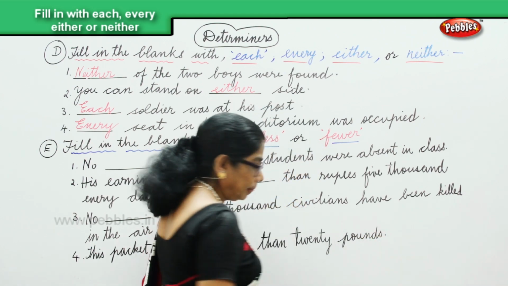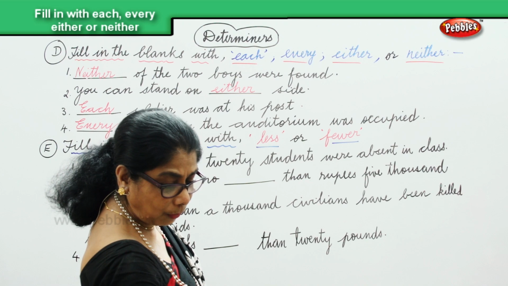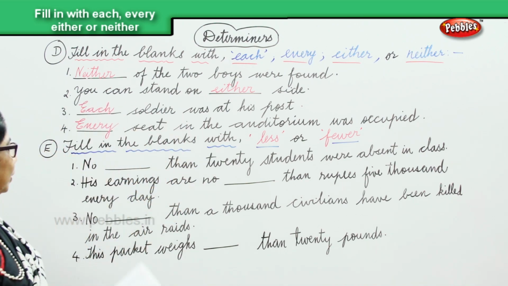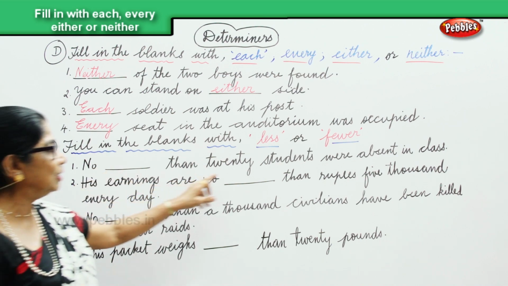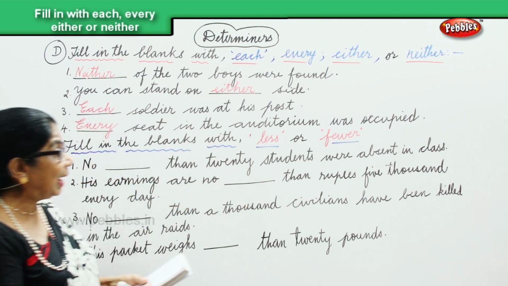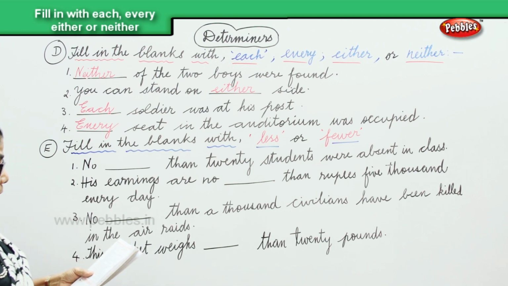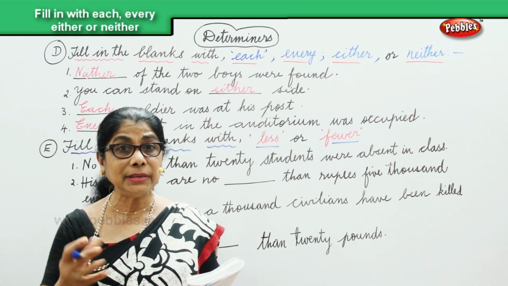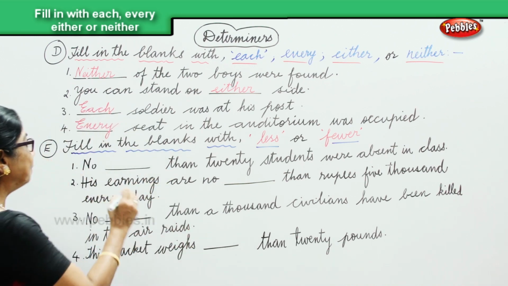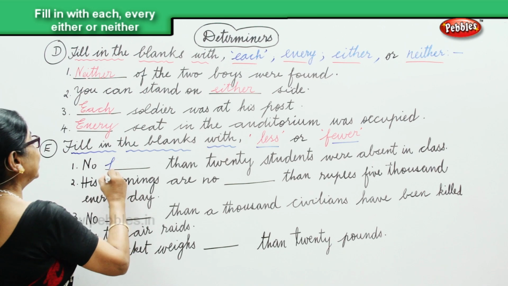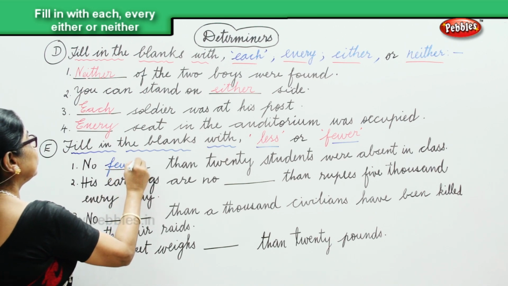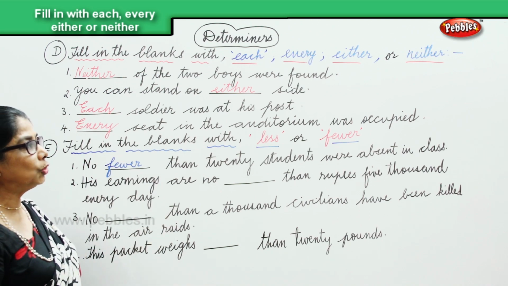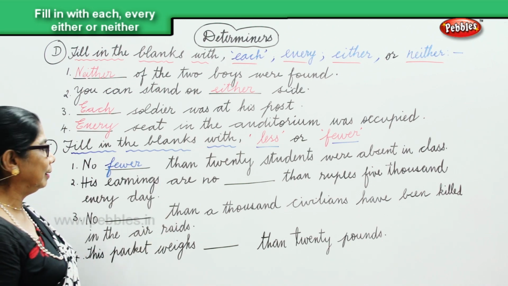So I have the four sentences for you, and now let's fill in with the determiners less and fewer. No fewer than 20 students were absent in class. What is the meaning of fewer? Fewer means number. We are talking about number. So, no fewer than 20 students were absent in class.